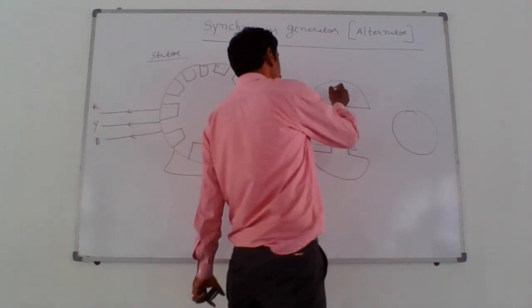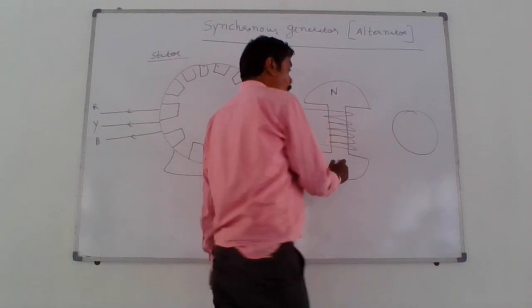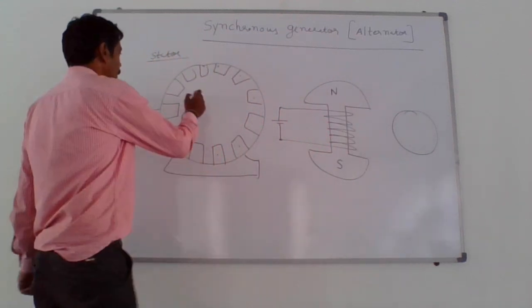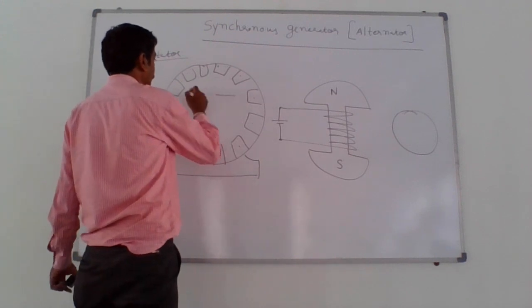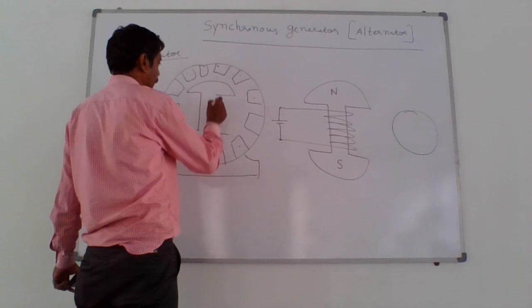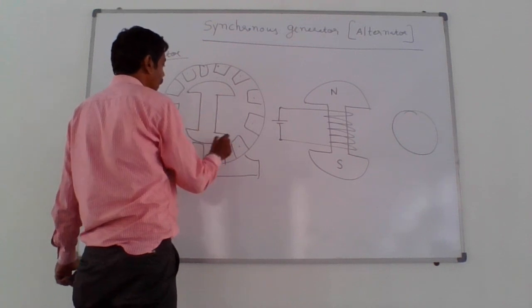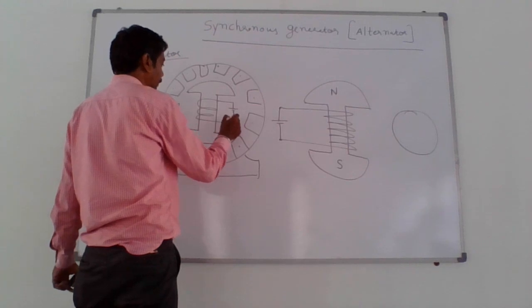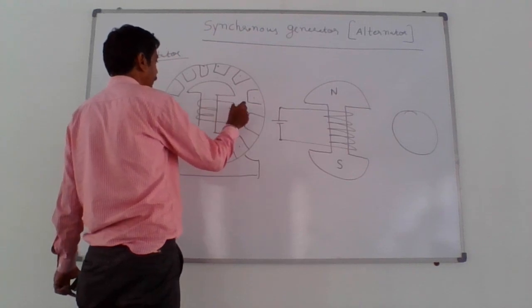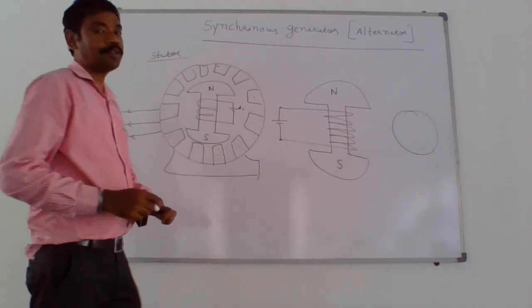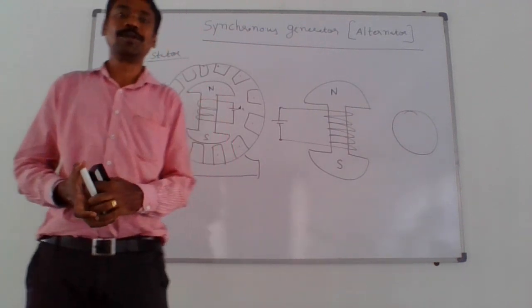As soon as you give a DC supply, a North Pole and South Pole are formed on the rotor. The rotor is generally mounted here in the center of the stator. And one thing is clear, you have to give a DC supply to the rotor. Corresponding North Pole and South Pole are produced.